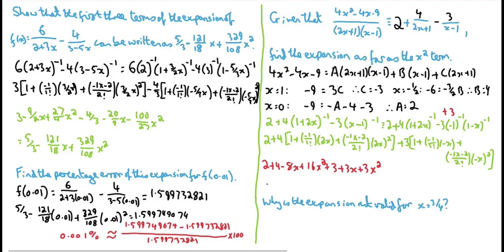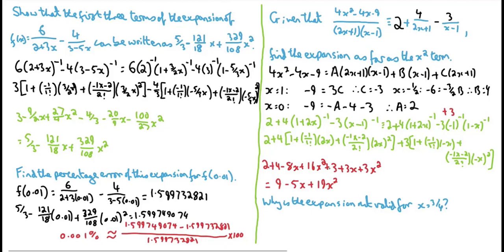So to then just bring together the like terms, your 2 plus 4 plus 3, that's going to leave you with 9. And then minus 8x plus 3x is minus 5x. And then plus 16x squared plus 3x squared makes for plus 19x squared at the end.